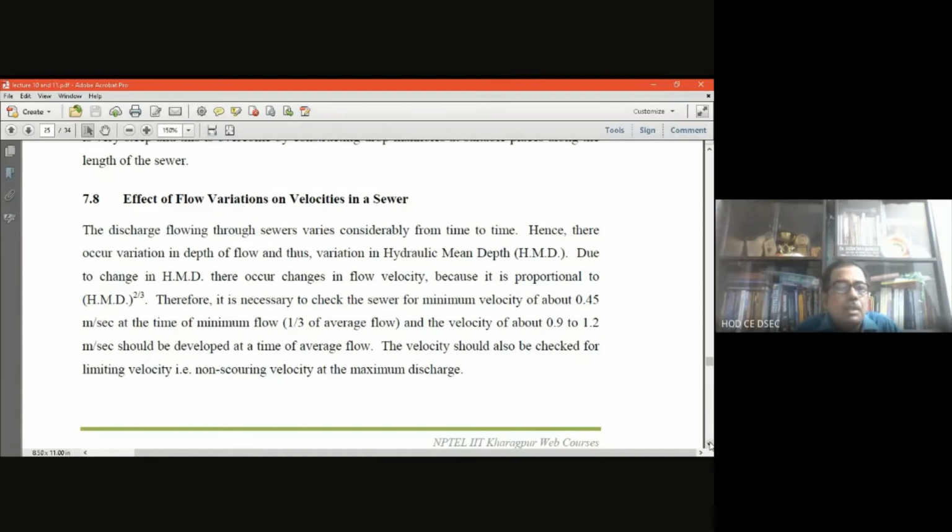So when a variation in the depth of flow occurs, definitely a very vital parameter, that is the hydraulic mean depth, HMD, will be affected. So due to change in HMD, there occurs a change in flow velocity. Velocity also will change, because it is proportional to, as I have seen from Manning's formula, R to the power 2/3.